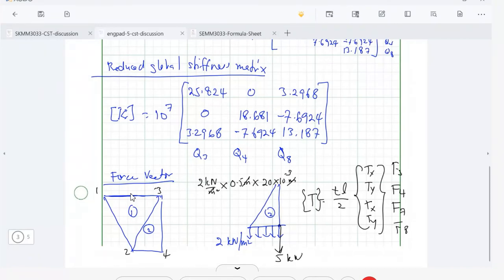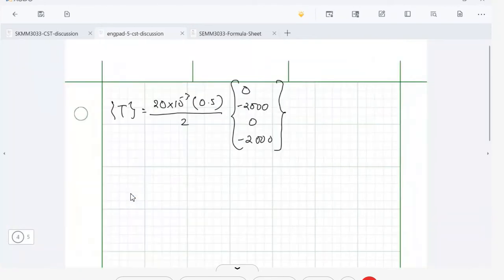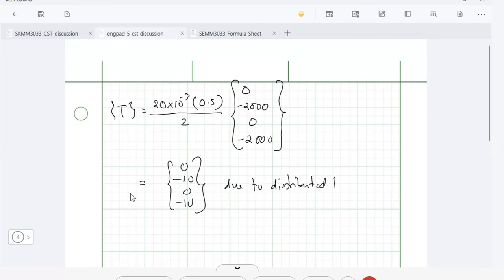So this part here is already calculated, but our T here should be, okay, the total should be this number: 0, minus 10, 0, minus 10 kilonewton due to distributed load.